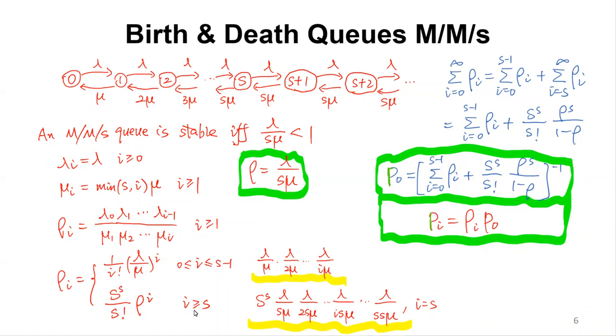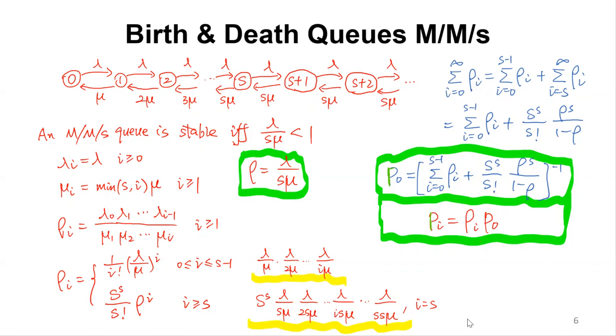When i is greater than or equal to S, this will be very interesting, because you see here why we have S to the power S and S factorial. For this equation, you can rewrite it as lambda over S mu, then you put an S here, lambda over 2S mu, you put an S here, so you have S to the power S. So this is exactly the same as this part when you reach S. But when you are over S, then you just multiply by lambda over S mu, lambda over S mu.